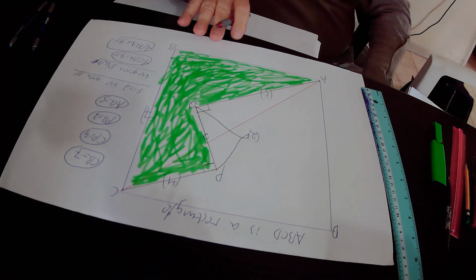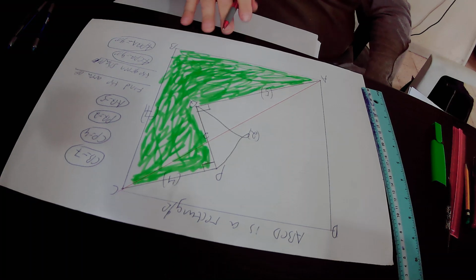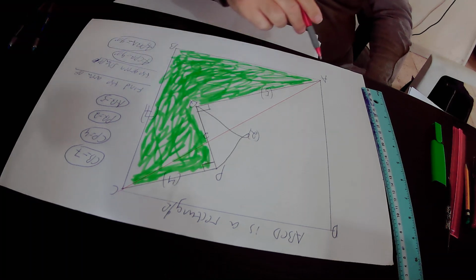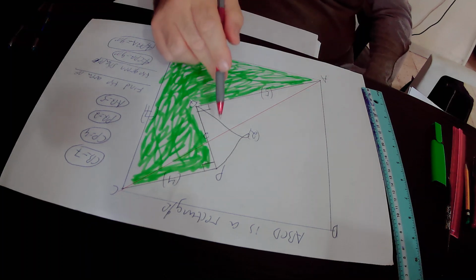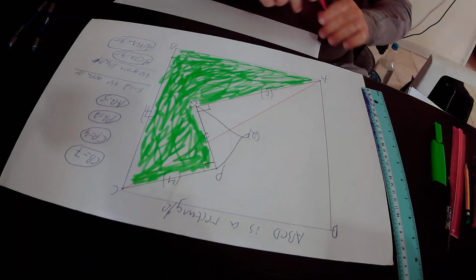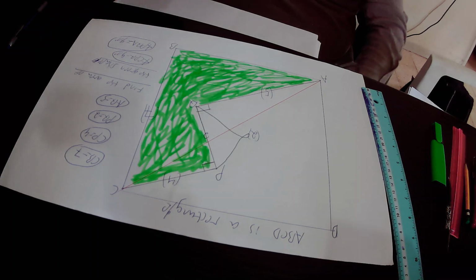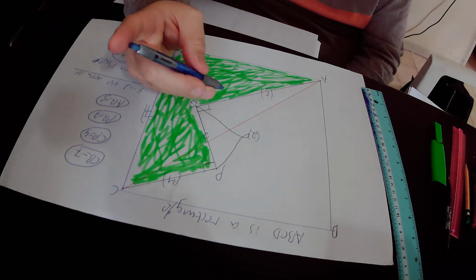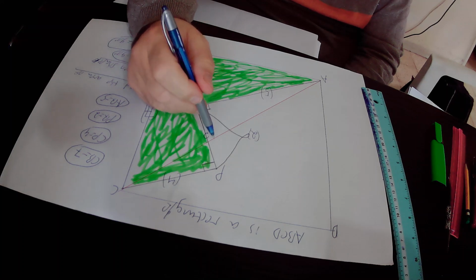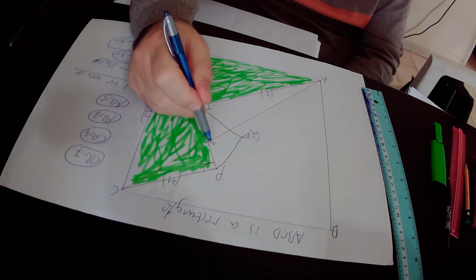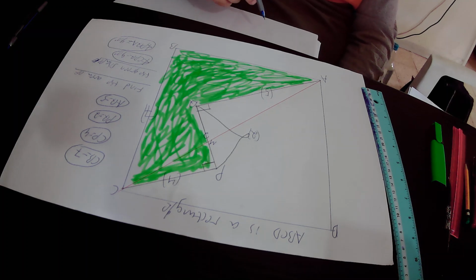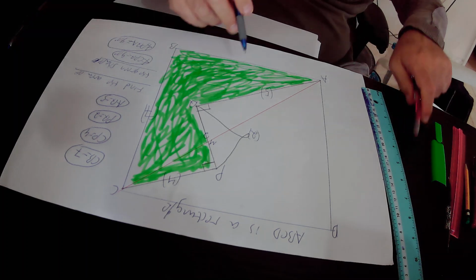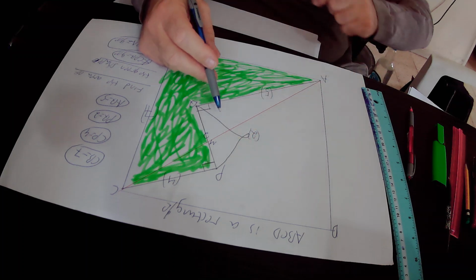And we'll define the intersection point of diagonal CA of rectangle ABCD with line segment PQ, this point, as point M. We'll define the length of this line segment PM as X.